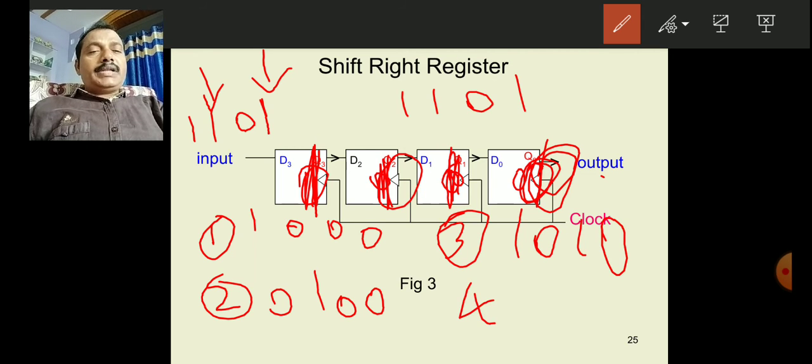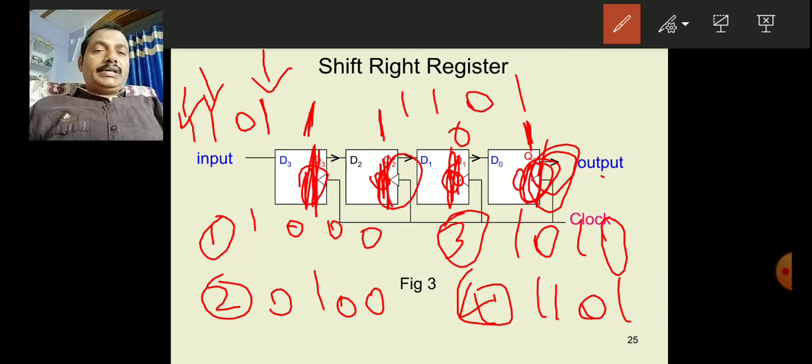Fourth pulse, the last MSB is shifted in, that means here 1, and this 1 is shifted into here, this 0 is shifted into here, and this 1 is shifted into here. That means 1 1 0 1 at the fourth pulse. So this is the right shifting operation. For each clock pulse, a single bit is shifted right.